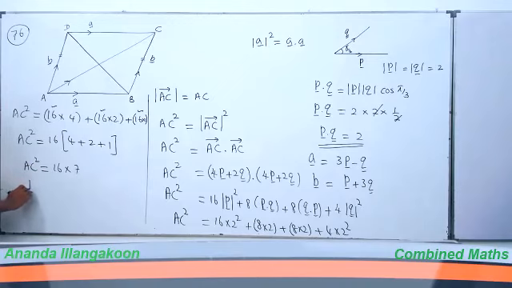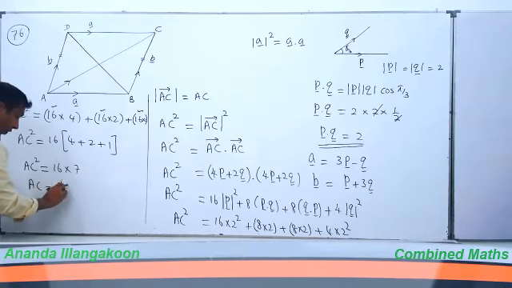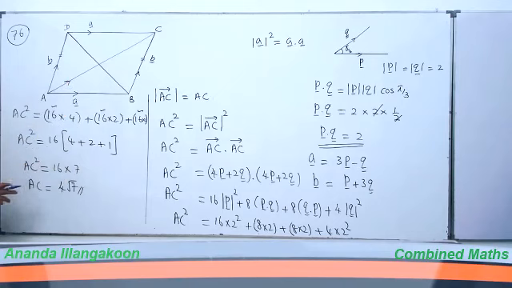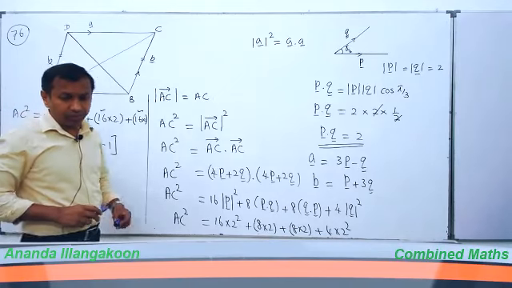Then to find AC, take the root of 16, which is 4, and the root of 7 is root 7. Then AC is 4 root 7. AC is one diagonal, 4 root 7.